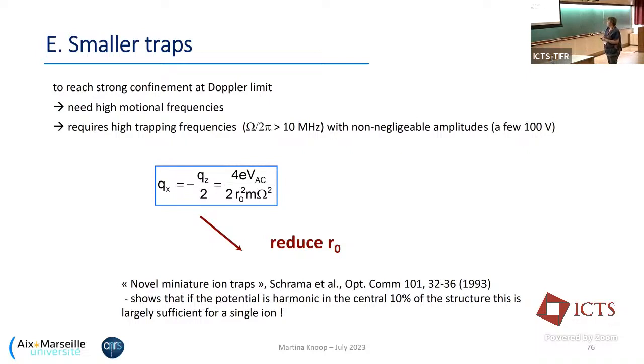But there is a technical issue. Well, there's a technical issue with that, because in order to fulfill our stability conditions, if we have these high frequencies, we also need amplitudes of these fields which are of the order of, let's say, beyond 1,000 volts. And having these amplitudes with these frequencies and applying that to a macroscopic structure is a technical challenge because of capacity reasons, okay?